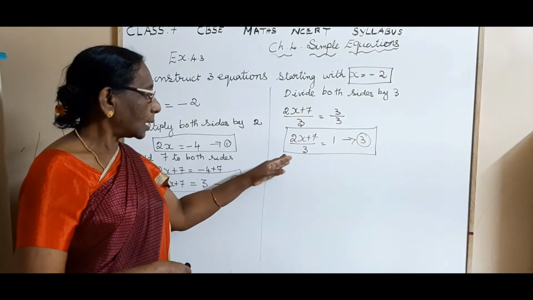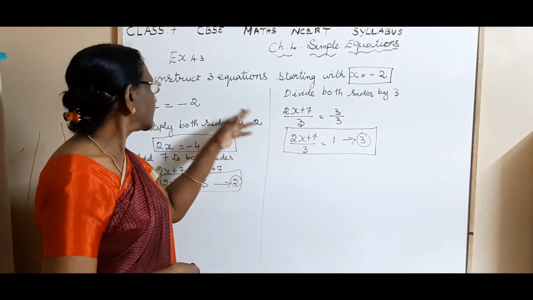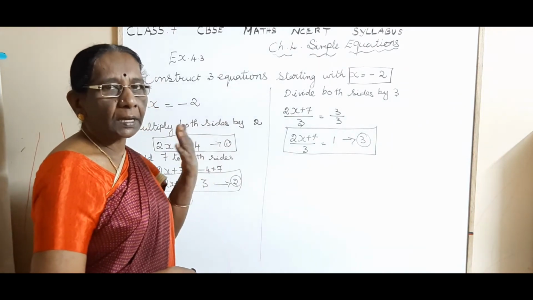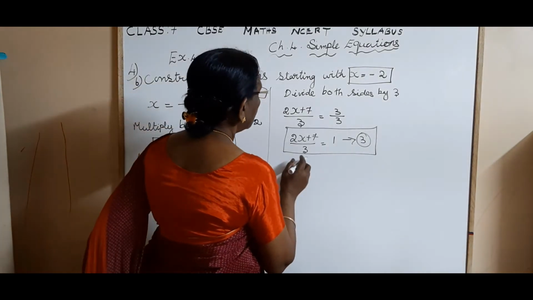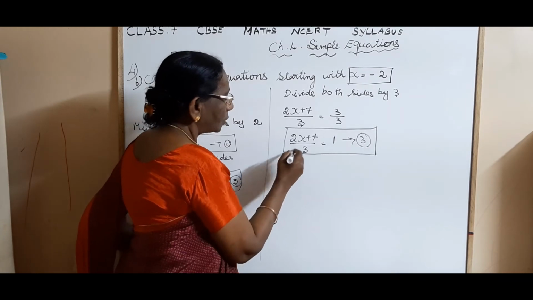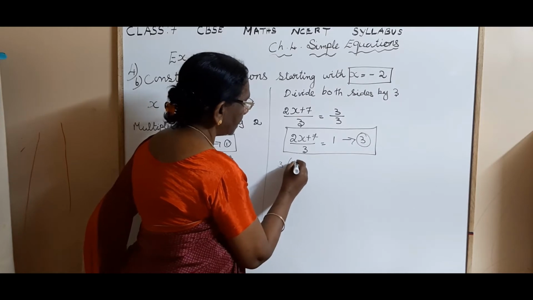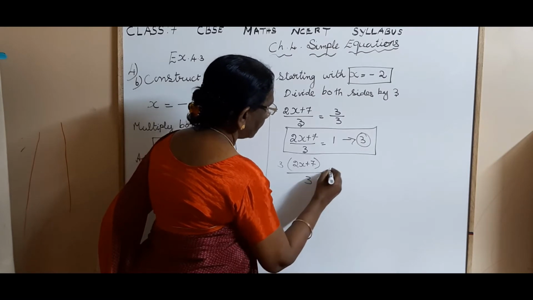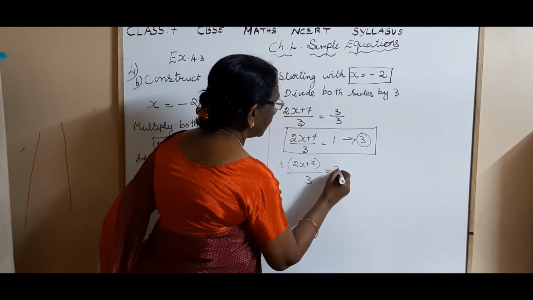Okay, children? And now let us check whether our equations are correct or not. Now we will solve the equation and find whether we are getting x is equal to -2. First, here you have to eliminate this 3. Isn't it, children? Here it is by division. So what should you do? You have to multiply both sides by 3. 3 into (2x plus 7) by 3 is equal to 1 into 3, 3.